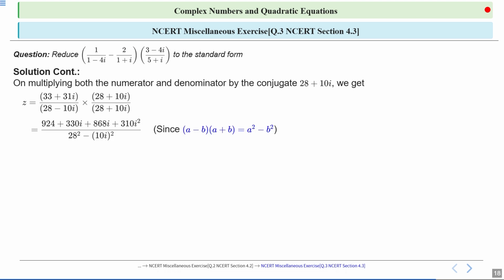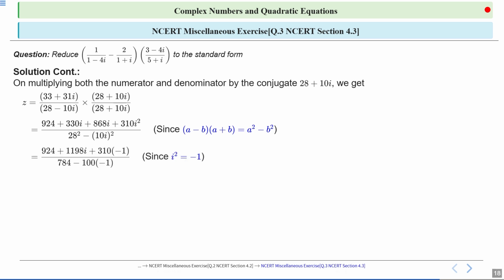Now, let's expand the numerator and denominator. In the numerator, we multiply 33 plus 31 times iota by 28 plus 10 times iota. And in the denominator, we use the formula a minus b times a plus b equals a square minus b square. So the expression becomes 924 plus 330 times iota plus 868 times iota plus 310 iota square, divided by 28 square minus 10 iota whole square.